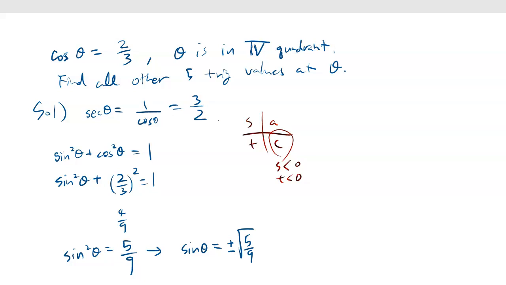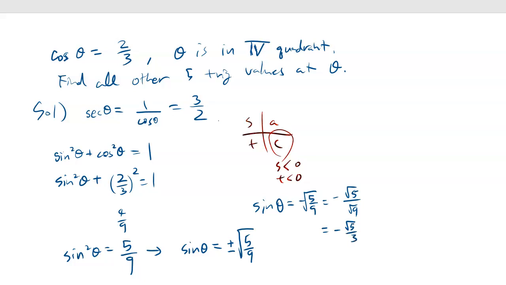Sine is minus. So sine of theta therefore would be negative square root of 5 over 9, that's negative square root of 5 over square root of 9, that's 3, so it's negative square root of 5 over 3. That's my sine.